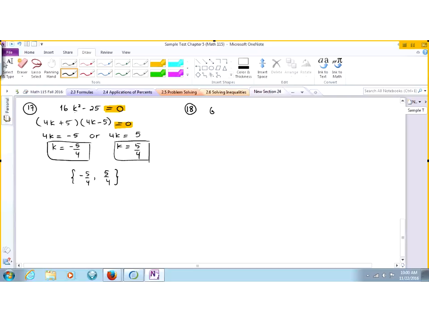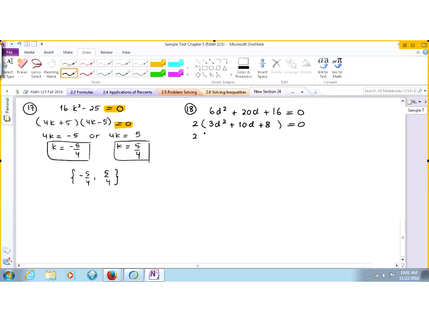Alright, so 18. 6b squared plus 20b plus 16 is 0. What would you do? Factor out the 2, or divide by 2. If I factor out the 2, I have 3b squared plus 10b plus 8 equals 0.